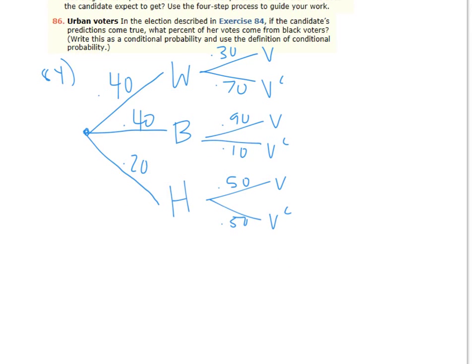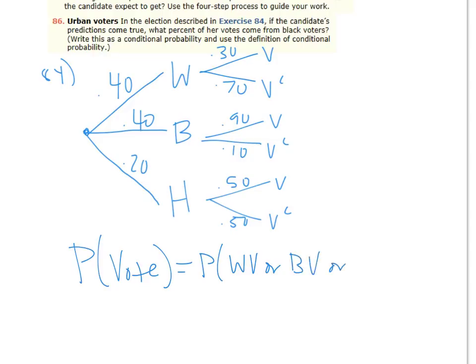So what percent of the vote? Well, that vote is going to come from the breakdown of white and voting for the candidate, or black and voting for the candidate, or Hispanic and voting for the candidate. These can be found on those branches already.